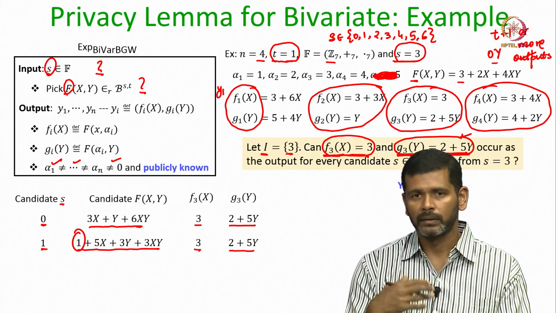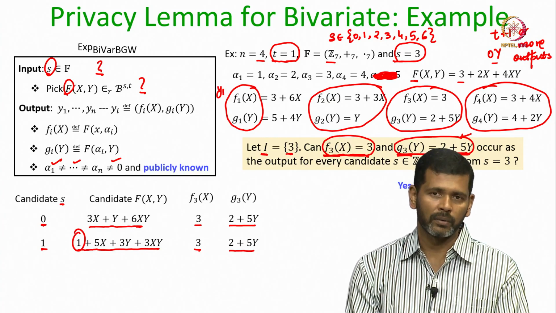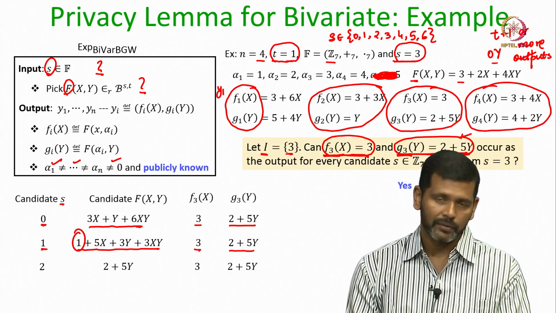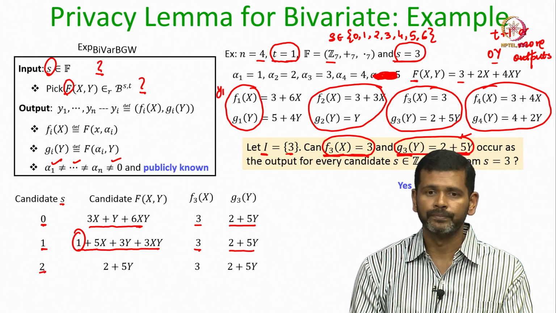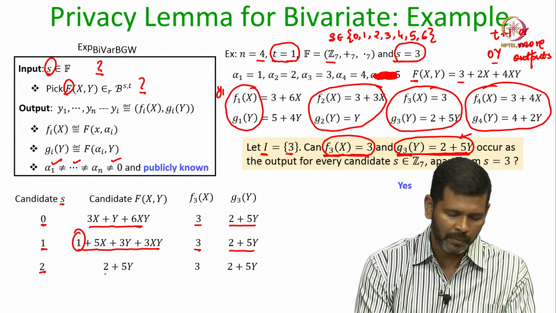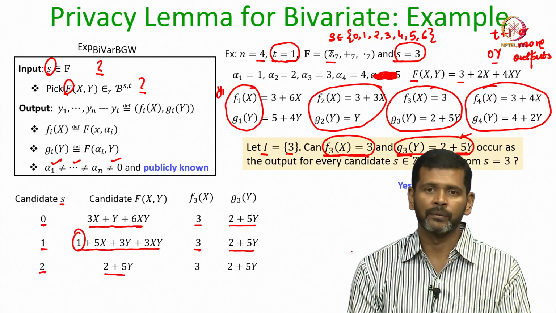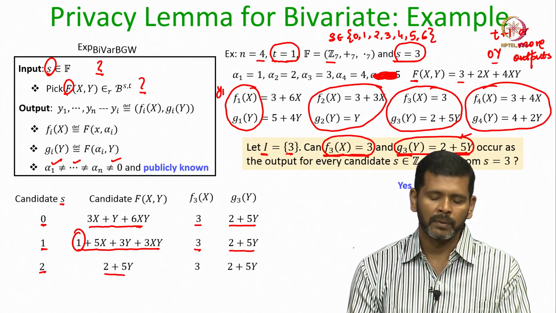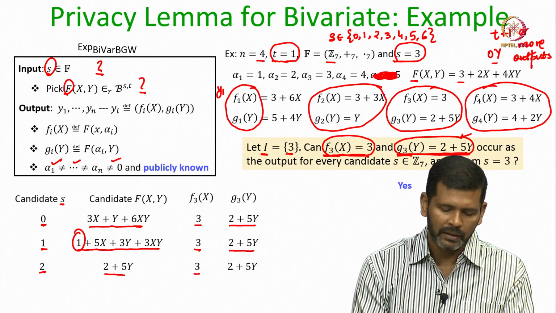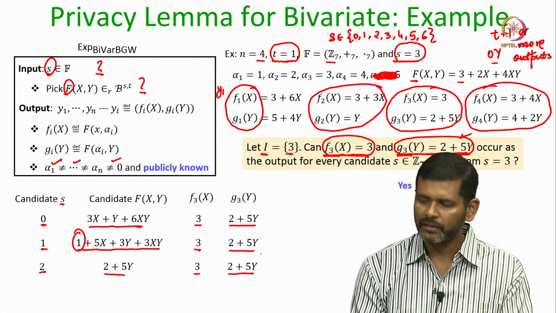Again, this possibility also you cannot rule out. Or it could be the case that I have run the experiment with input 2 by choosing the bivariate polynomial 2 plus 5y, and in that case the third row and the third column polynomials would have turned out to be again 3 and 2 plus 5y respectively.